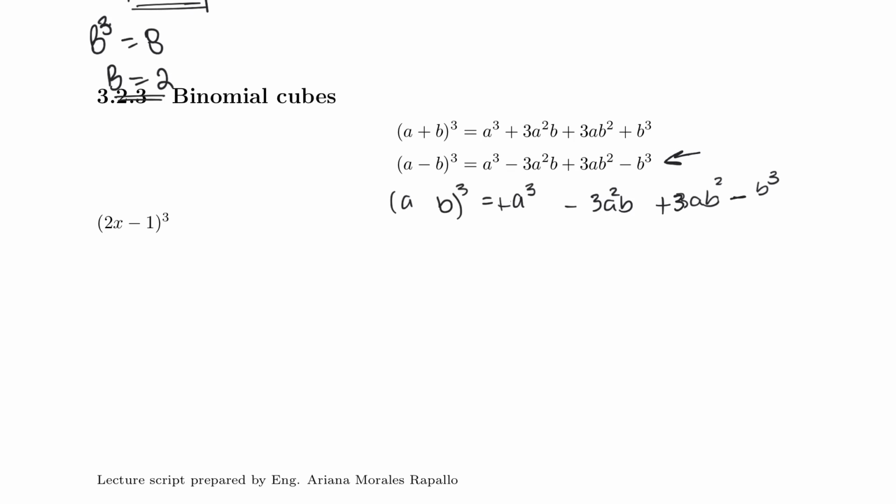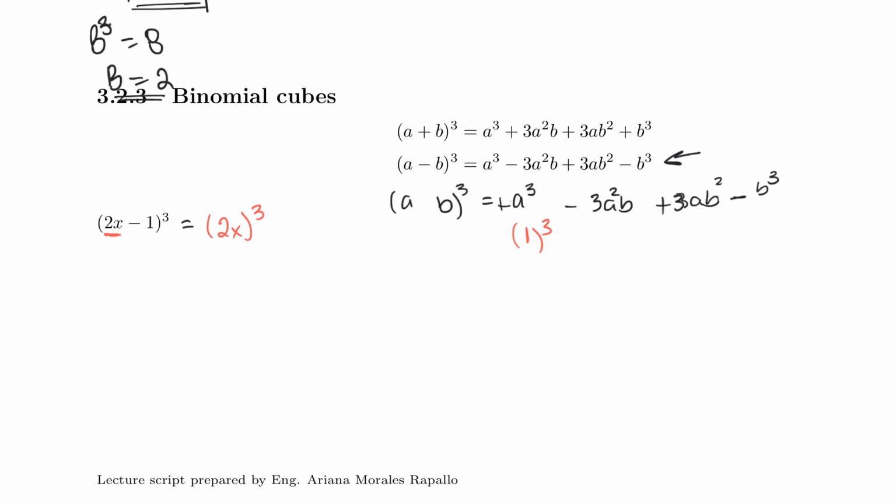With this in mind, let's solve this example, (2x − 1)³. As I told you before, let's write down the first term cubed and the last term cubed. The first term right here is 2x, so we do (2x)³, and way over here we do 1³.